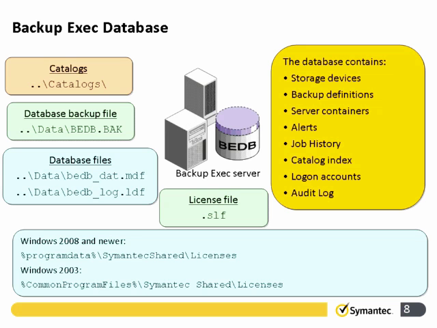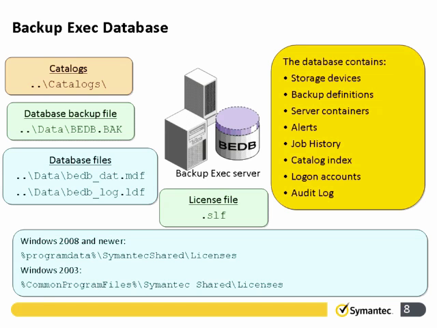The database goes into the data directory that you see listed here. There are 2 files associated with the database. They are bedb_dat.mdf, that's the SQL device for the database, and bedb_log.ldf, which is the transaction log.